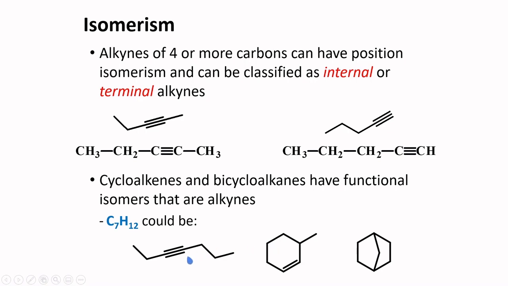Thus, when you have a triple bond which corresponds to a reduction of 4 hydrogen atoms, its isomers can be 2 fused rings or a compound with 1 ring and a double bond.